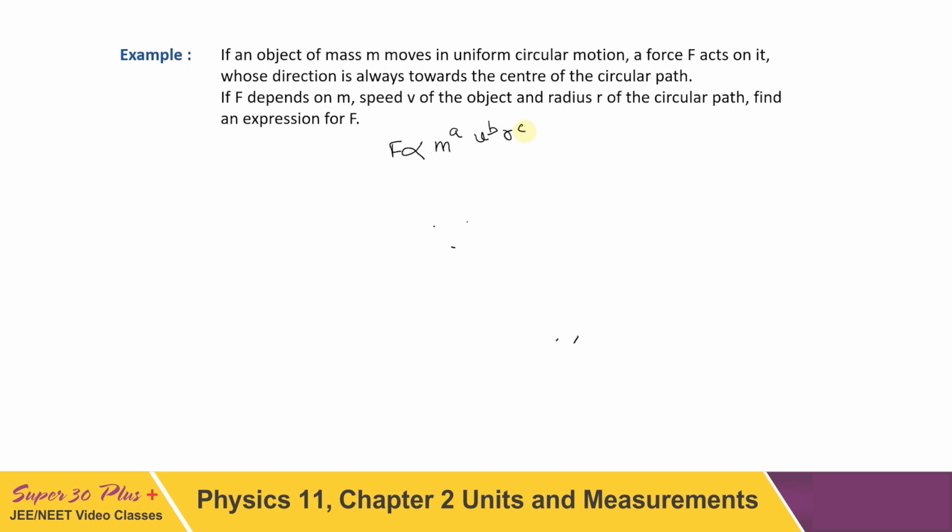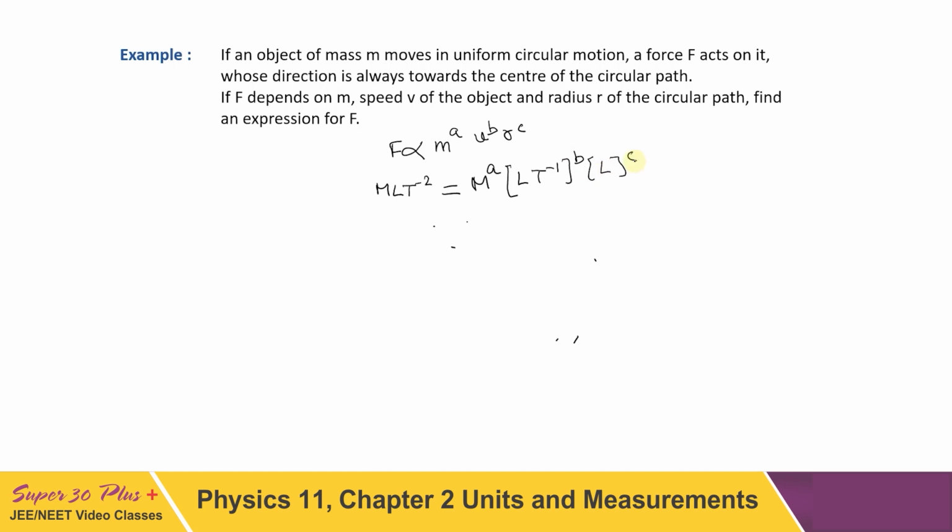Again, left hand side and right hand side must be having same dimension. So let us write dimension on left hand side, that would be M L T^-2. It should be equal to dimension of the right hand side. This is mass to the power a, velocity term, so its dimension would be L T^-1 to the power b. R is a distance term, that is radius, so L to the power c.